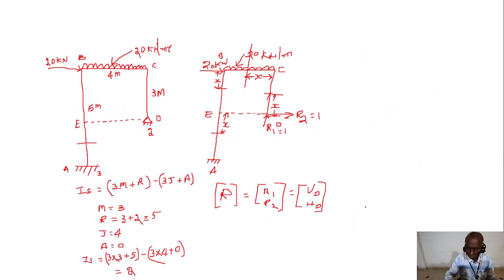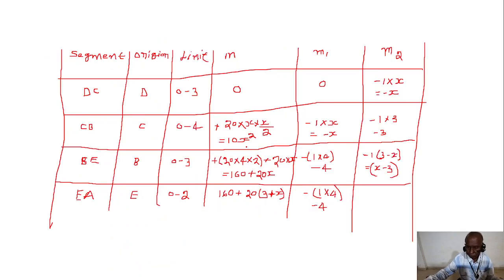R2 into X, this is clockwise direction, positive value. So plus R2 is 1 into X, so this is plus X. Okay, you will find the moments of all the segments.